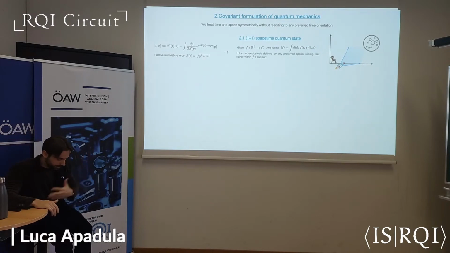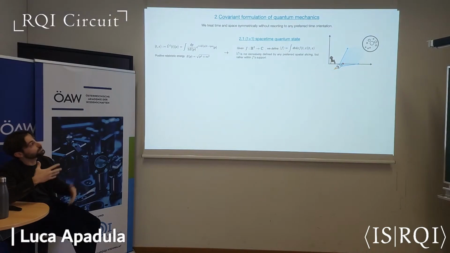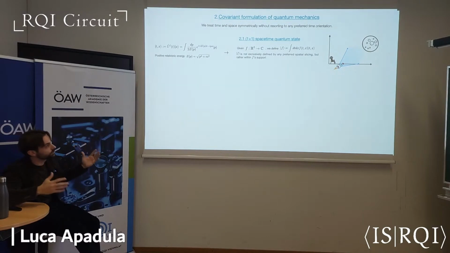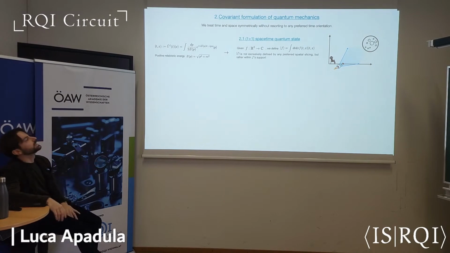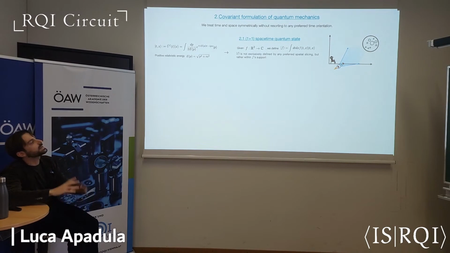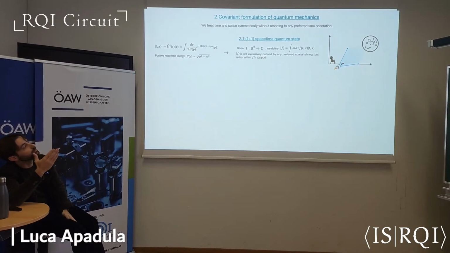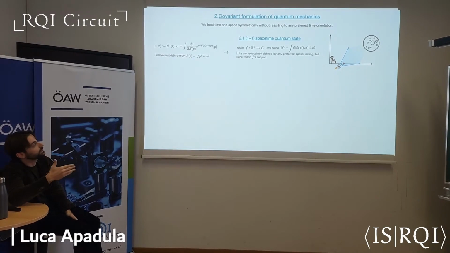This generalized relativistic quantum state allows us to extend the initial condition of a state. We don't give a state lying on a simultaneity surface, but we can localize the state in an arbitrary region of space-time, for example in this moon-shaped region, which is basically the support.